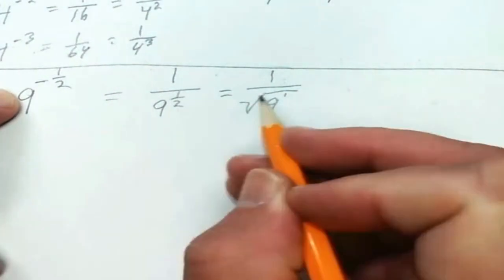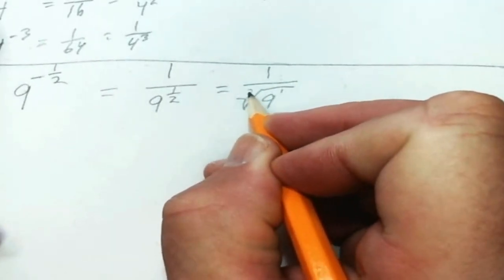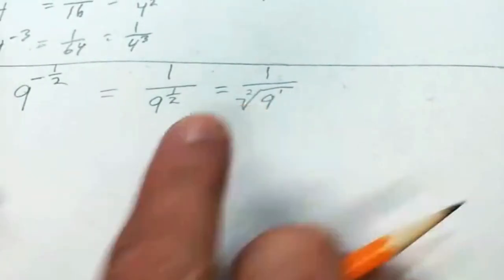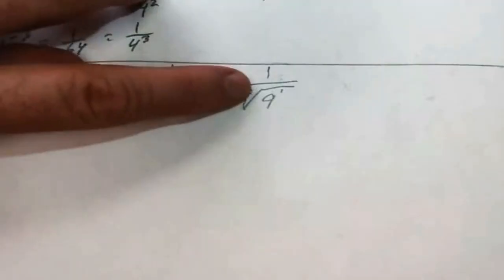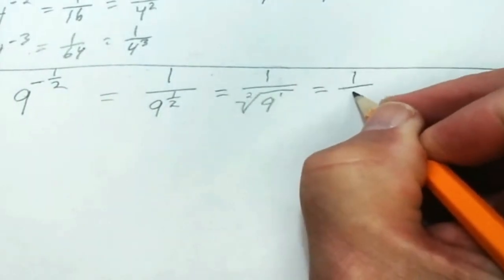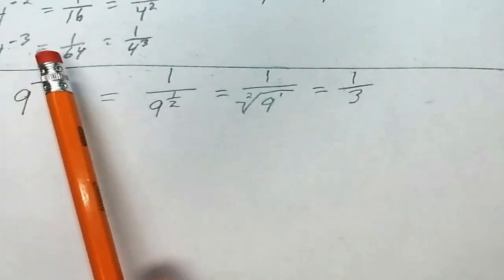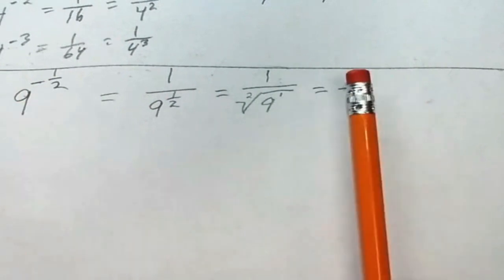The 2 goes on the outside, which means we don't have to put it. If you need a reminder, this is a square, but without it, it's also a square. So 1 over the square root of 9 is 1/3. So 9 to the negative 1/2 power is 1/3.